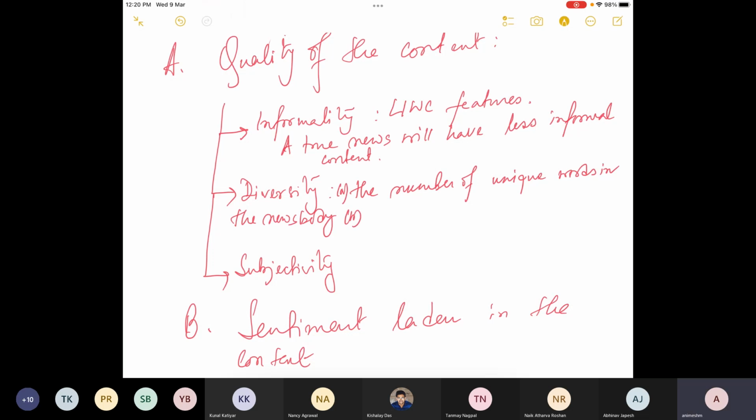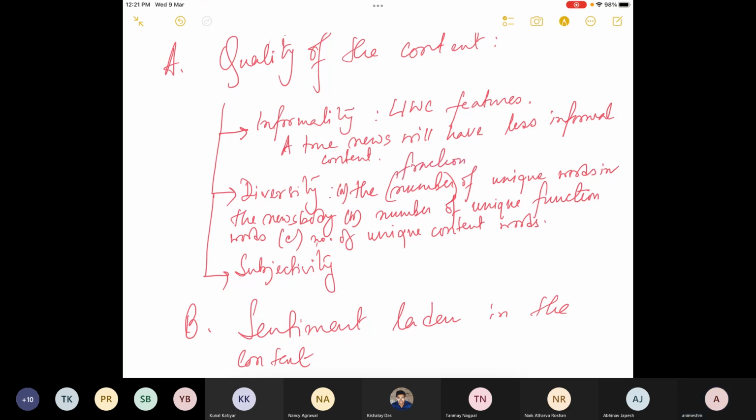Second is, now you can break down, okay, number of unique function words, number of unique content words. Okay, so although I'm calling these numbers, when you have it as a feature, it will be fractions. Okay? All these are expressed as fractions.